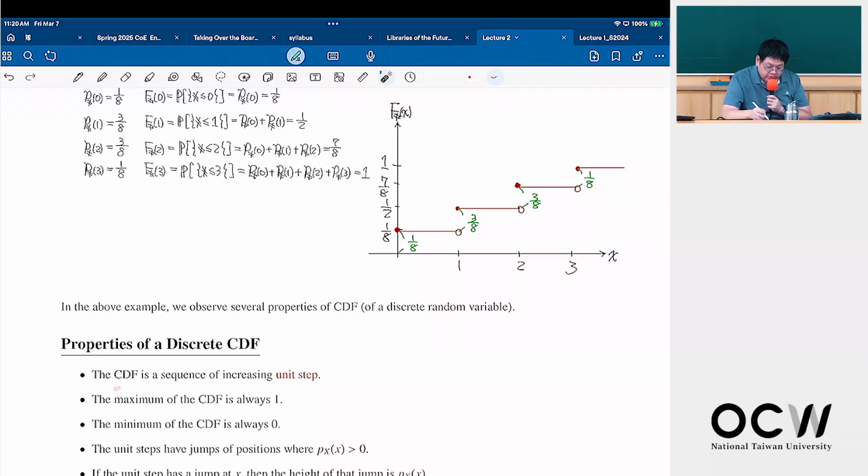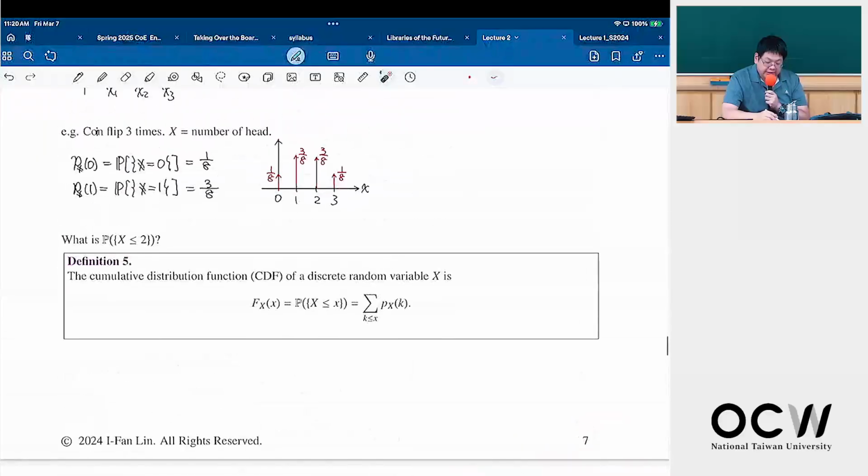The CDF is a sequence of increasing unit steps. It is increasing and it's like a unit step. And the maximum of the CDF is always 1, because the CDF is the cumulative distribution function, and it is a probability as well: the probability of the random variable x being less than or equal to some specific value.